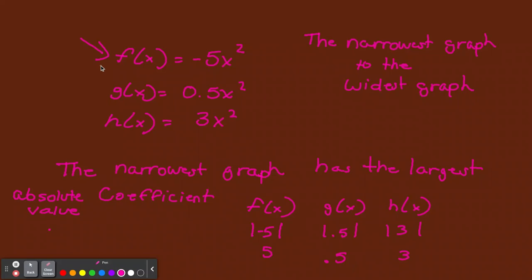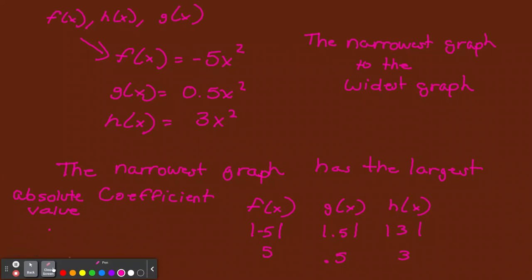F of x has the narrowest graph because it has the largest absolute value coefficient. So this order would be f of x, then what do you think? H of x, and then g of x. So g of x will have not the narrowest graph, but the widest graph.